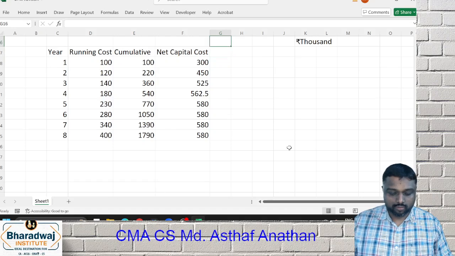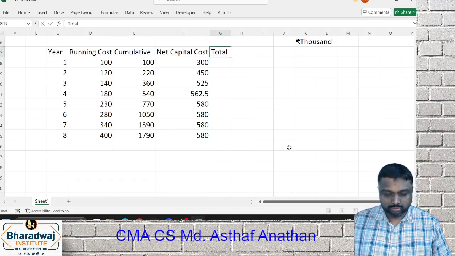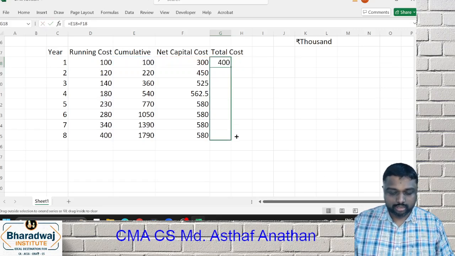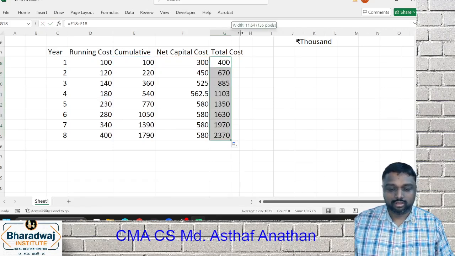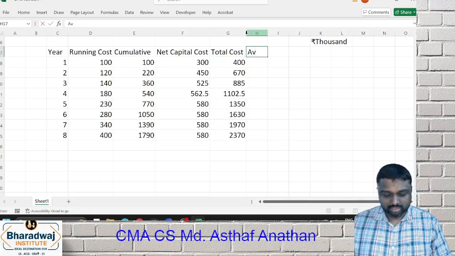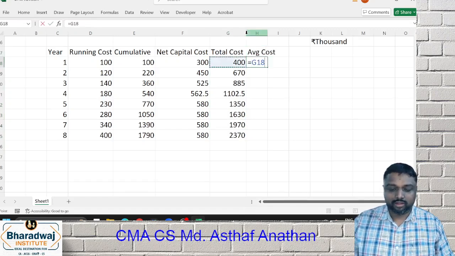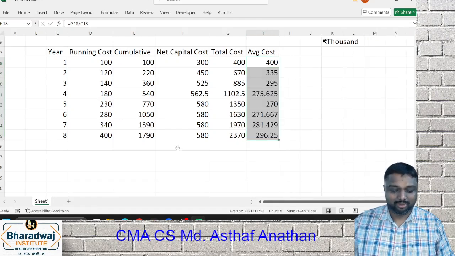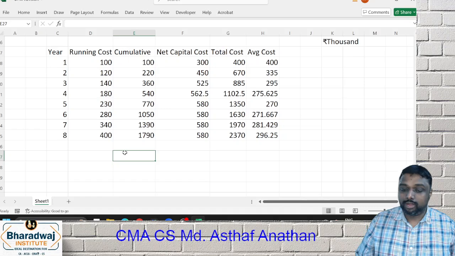Now you can go for the total cost. You have to add the cumulative cost and the net capital cost. Once you get the total cost, you can go for the average cost for each year, because they are asking you to find out the average cost. My dear friends, we have completed the average cost. They are asking for the optimum period of replacement.